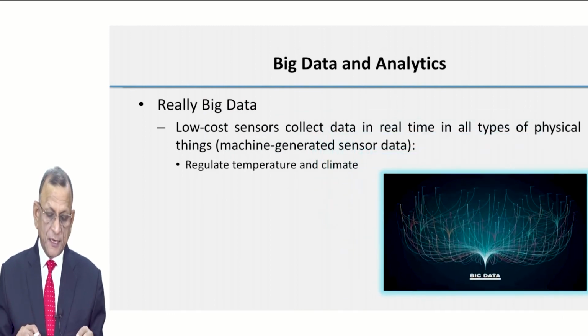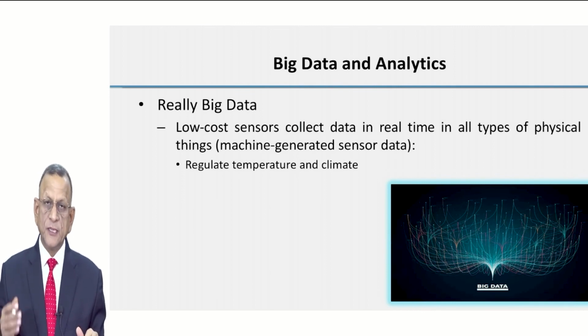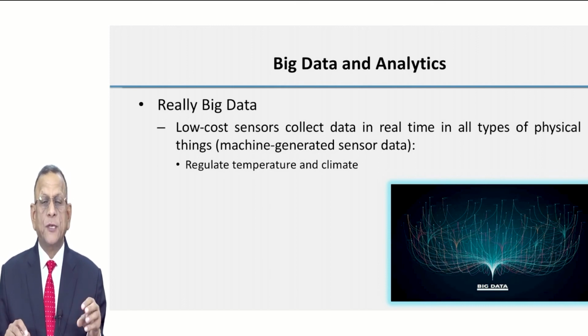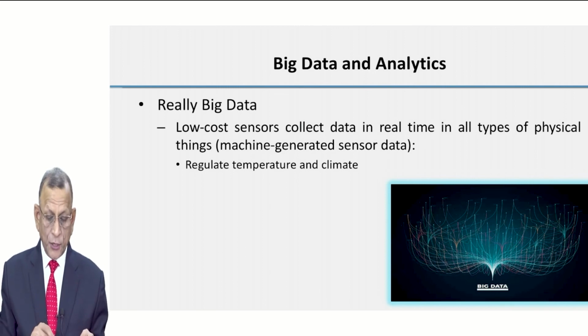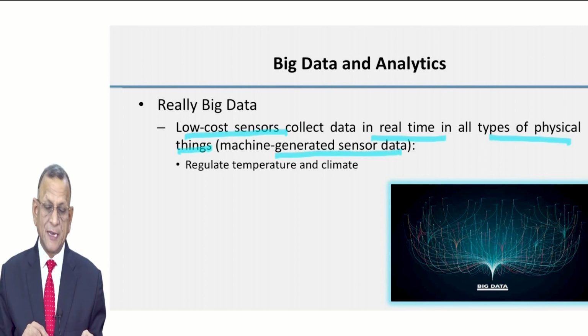Now, friends, we are moving towards something known as really big data. This really big data means data which is being updated automatically. IoT, sensors, a lot of such things are there. So what is happening? Low cost sensors collect the data in real time in all types of physical things. Machine generated sensor data.